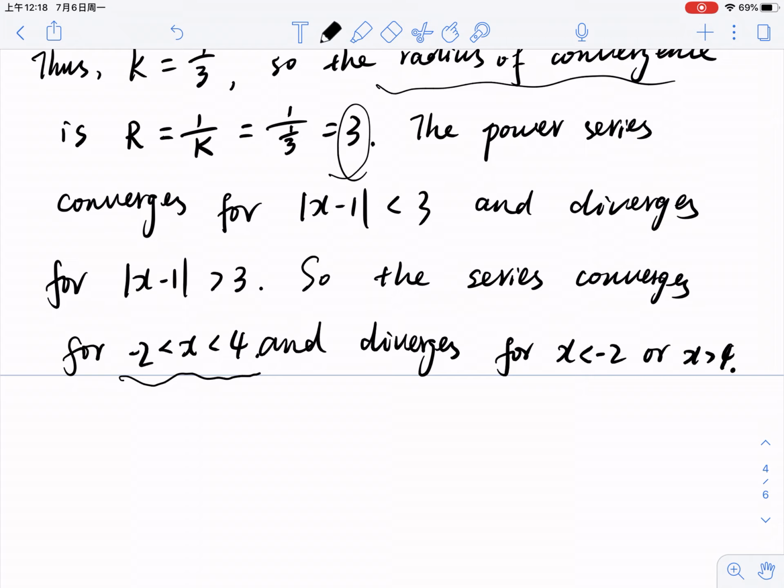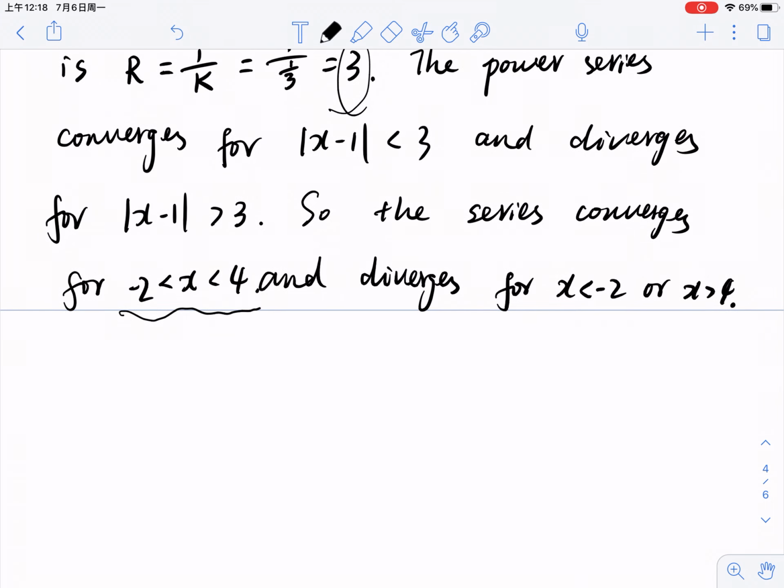We need to determine whether it converges at the endpoints of the interval to get the interval of convergence. That is, we need to deal with these two endpoints.